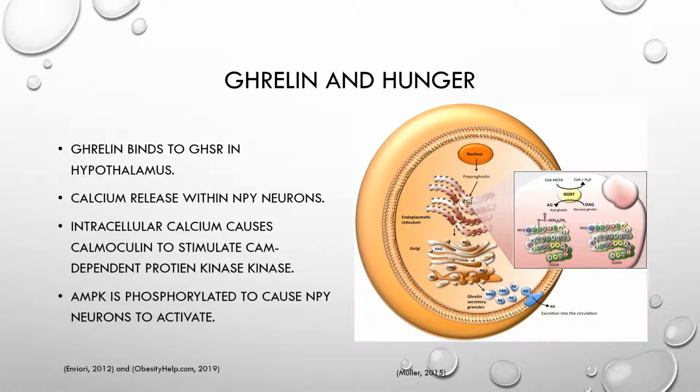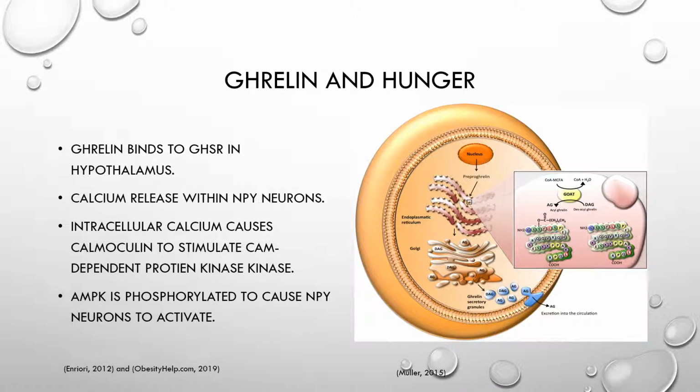So how does ghrelin activate the neurons of the hypothalamus to increase hunger? Ghrelin increases AMPK phosphorylation within hypothalamic cells. To do this, ghrelin binds to growth hormone receptor and begins calcium release.